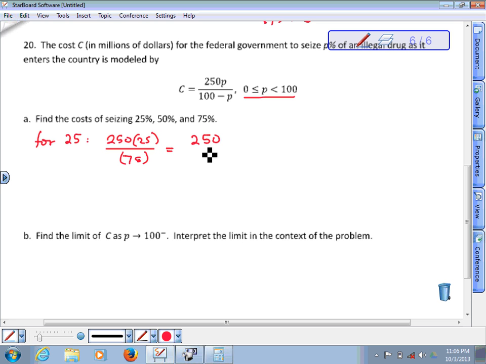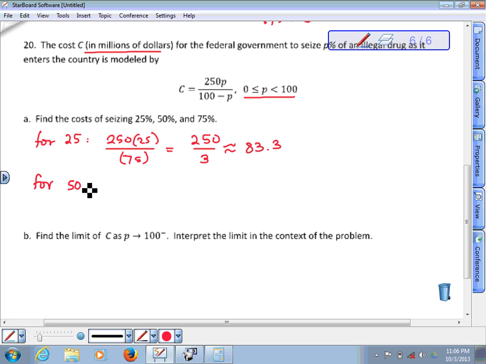So this is 250 thirds, which is roughly 83.3. Keep in mind this is in millions of dollars, so if they want to seize 25% of this illegal drug, it's going to cost them a little more than $83 million.